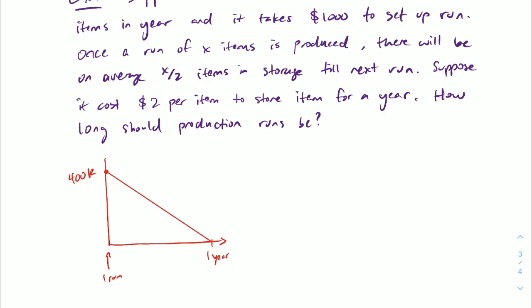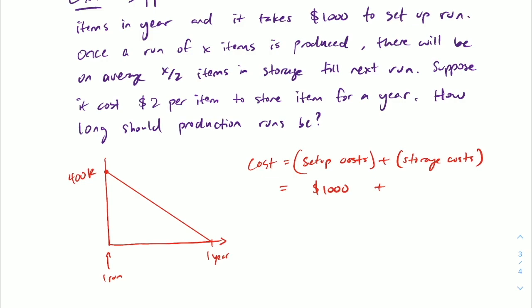So the cost is going to be the setup cost for the run plus the storage costs. And the setup cost, well, there's only one run, so that'll be $1,000. And then the storage costs, well, at the beginning we're going to be storing a lot, and at the end we're going to be storing nothing.